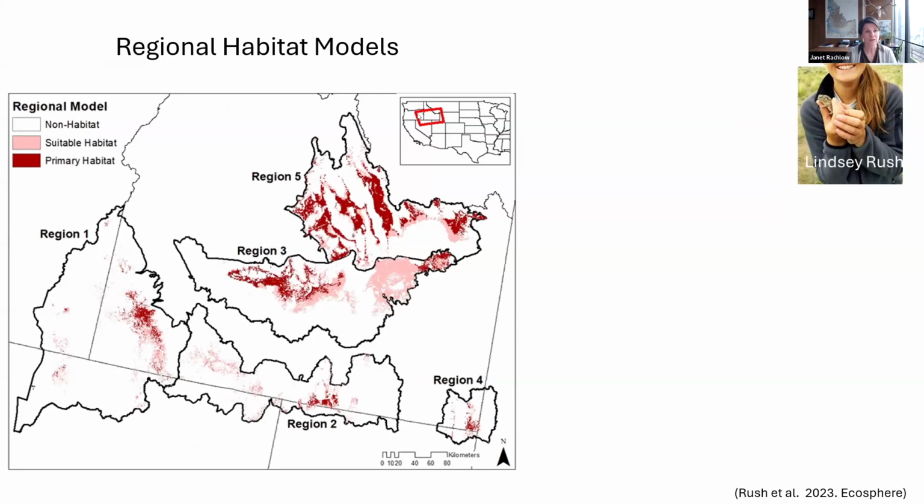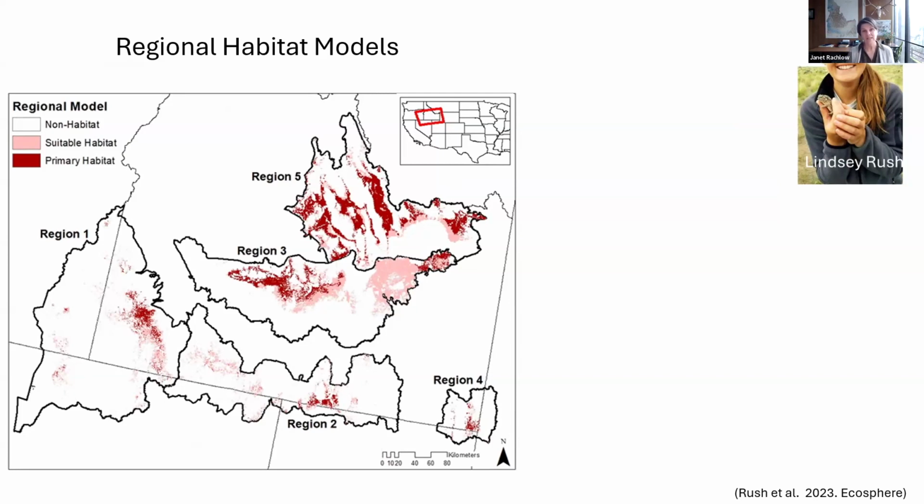So just to orient you, this is where we are. These areas have pretty different climates, from down in the Owyhees where it's really dry and hot, over here in the Bear Lake Plateau, fairly cool, higher elevation up here in these mountain valleys. So this map shows the primary habitat, this time in red, and then secondary or suitable habitat in pink.